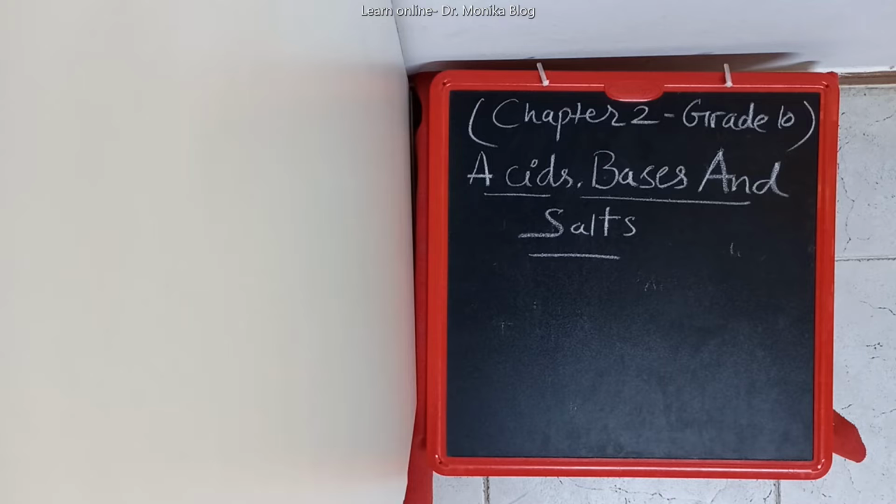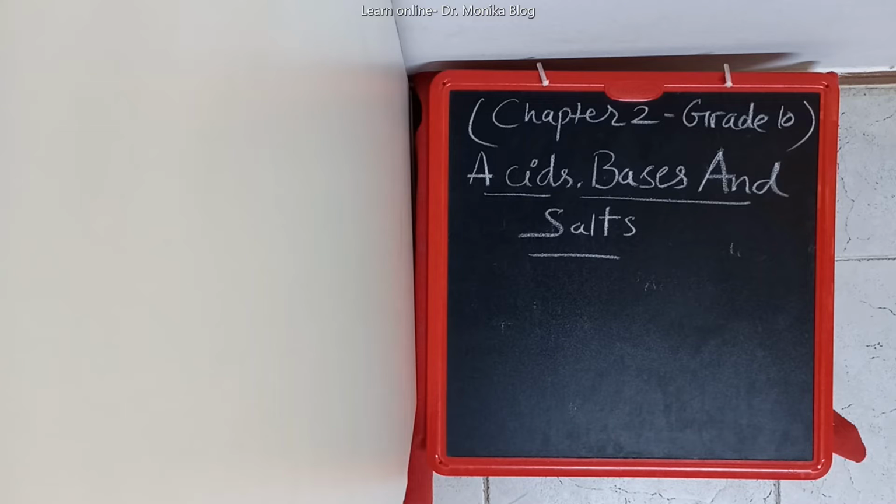You can put red litmus solution to one solution, and to another you can put blue litmus solution, to a third one you can put phenolphthalein solution, and to a fourth one you can put methyl orange solution. Note what changes take place after putting red litmus, blue litmus, phenolphthalein and methyl orange solution for each of the solutions that you have taken into the watch glass.